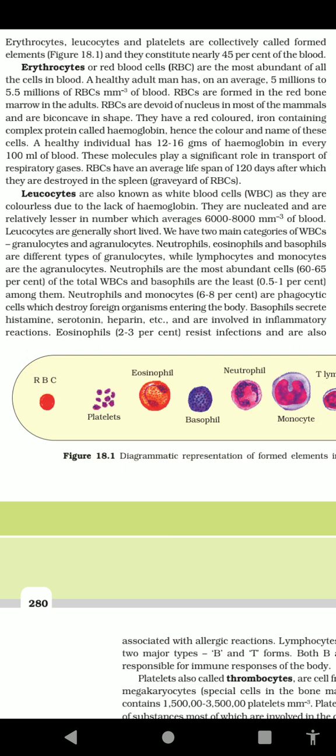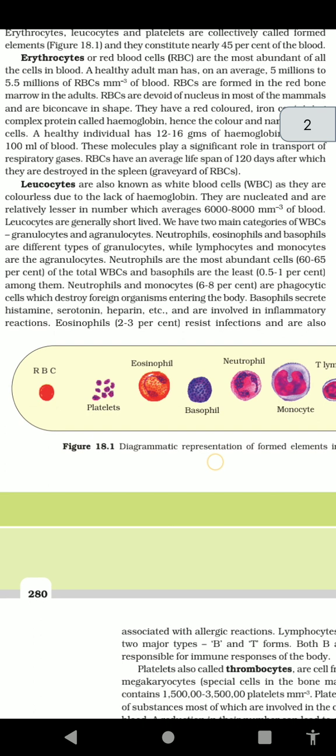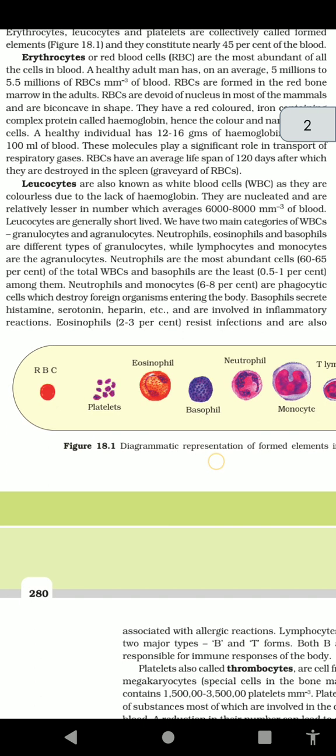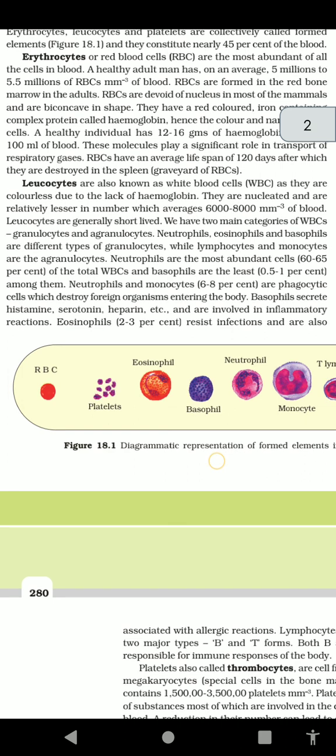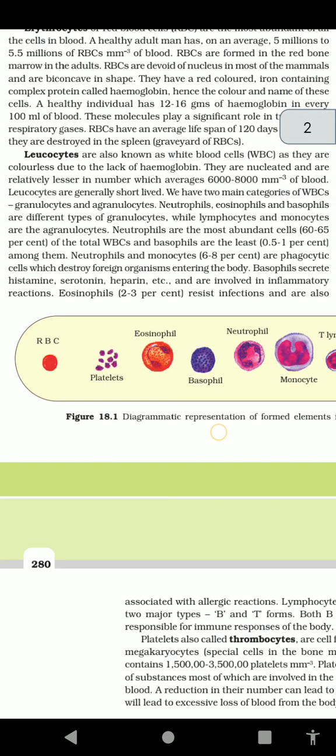Erythrocytes or red blood cells, RBC, are the most abundant of all the cells in the blood. A healthy adult man has on average 5 to 5.5 million RBC per cubic mm of blood. RBCs are formed in the red bone marrow in the adult.